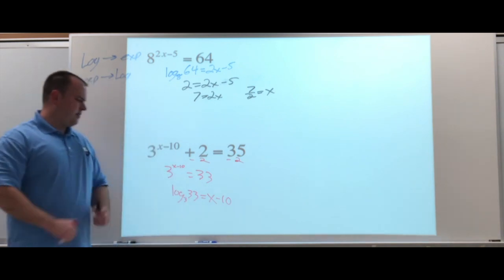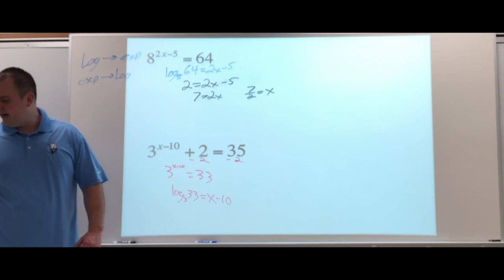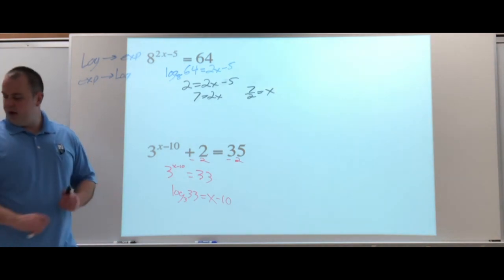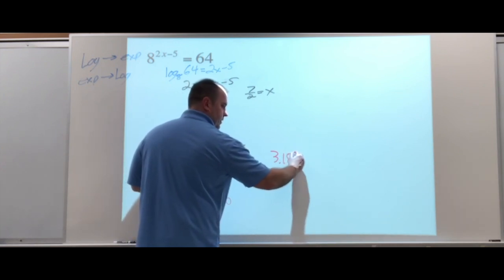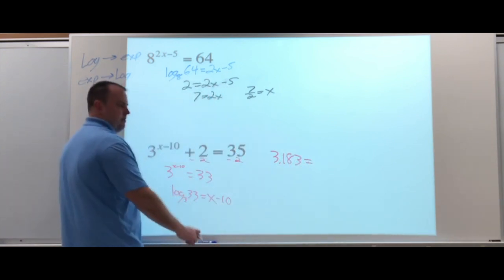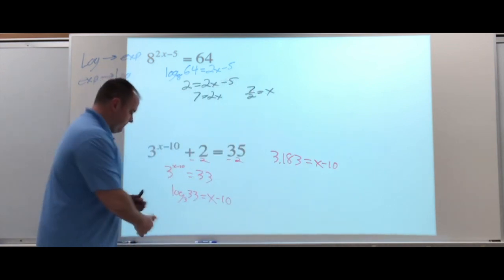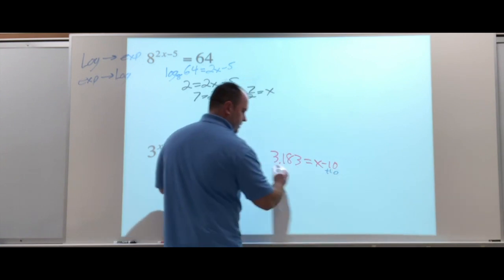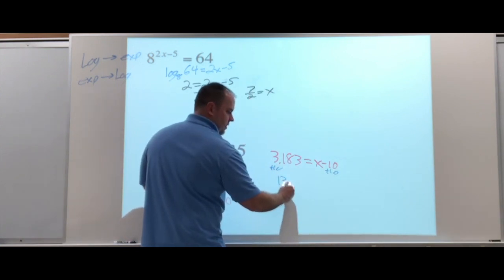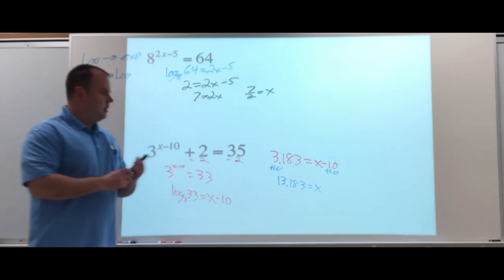So log base 3 of 33. Again, you have to use the change of base to evaluate it. I have that as 3.183 equals, and that x minus 10 staying what it is. So we have x minus 10. I'm going to add 10 to both sides. 13.183 equals x.